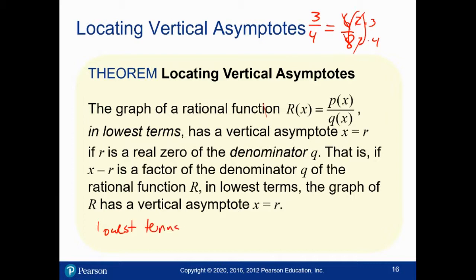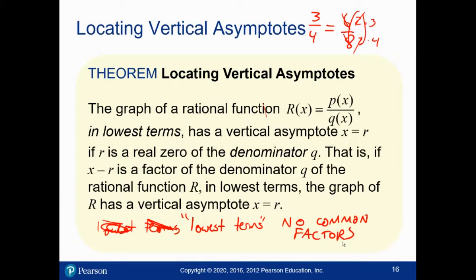Lowest terms means there are no common factors. Now remember, the numerator and denominator are both polynomials. And now I want to know there isn't a factor that occurs in both of them.